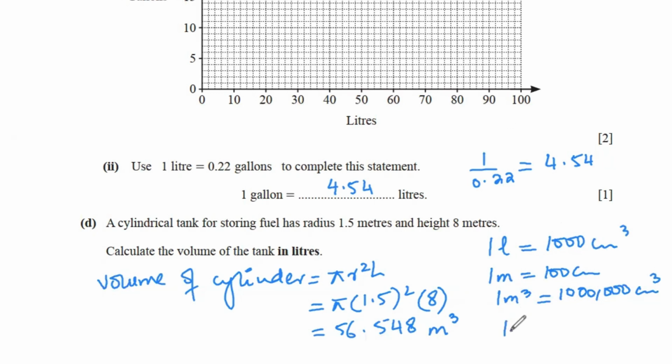So 1 meter cube is going to equal 1000 liters. So we'll just multiply this by 1000. And that gives us 56,548 liters. That is your answer.